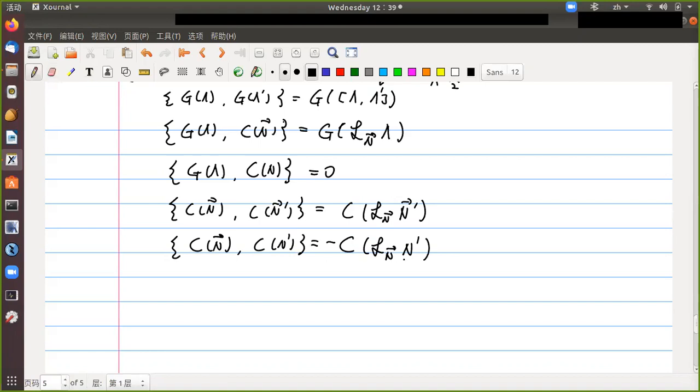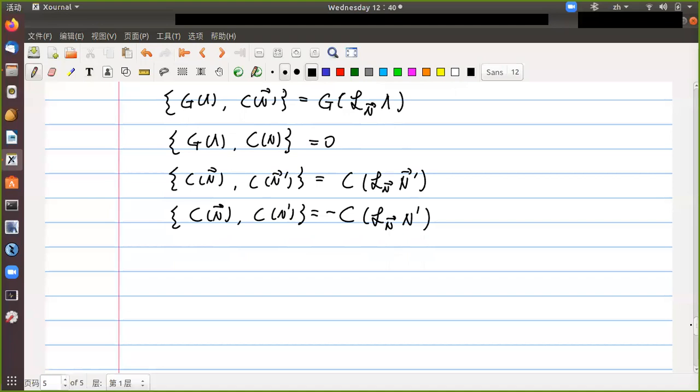This formula is similar to the diffeomorphism Poisson bracket with the Gauss constraint: the diffeomorphism constraint just generates diffeomorphisms acting on the Hamiltonian constraint, so the Hamiltonian constraint gets translated by a Lie derivative.